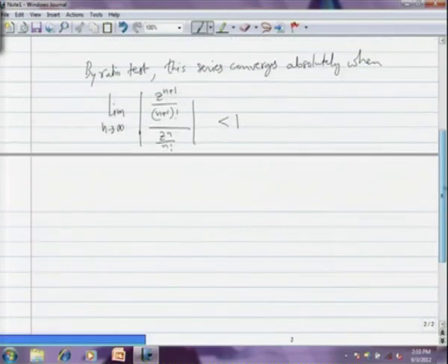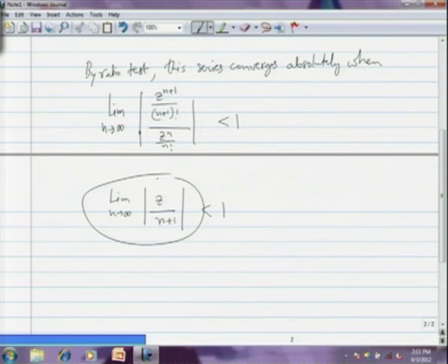But notice that the left hand side of this inequality is limit as n goes to infinity of mod z by, so z power n cancels with z power n plus 1 for 1 power of z, and then you have n plus 1 in the denominator due to the n plus 1 factorial cancelling with n factorial for an n plus 1. And so this series converges absolutely when the limit of this quantity is strictly less than 1.